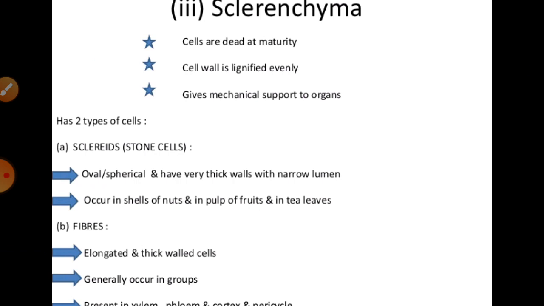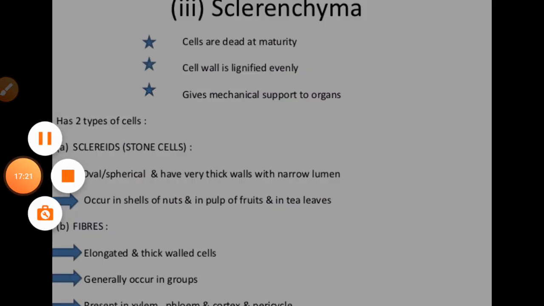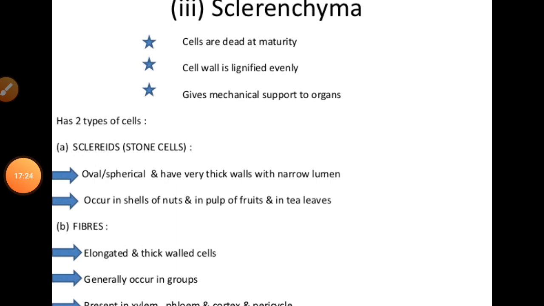Let's move to our next topic, called sclerenchyma. If we talk about the sclerenchymatic tissues, they have some specific structures. These tissues are also somewhat different from the parenchyma and the collenchyma.